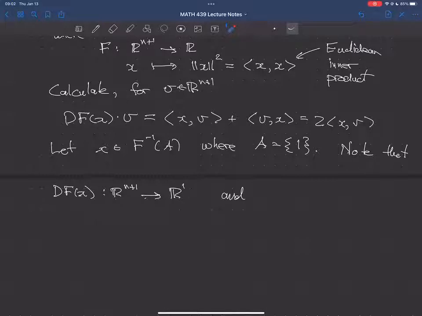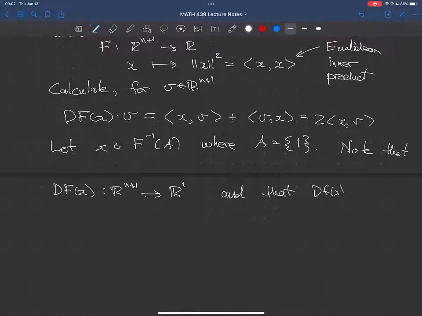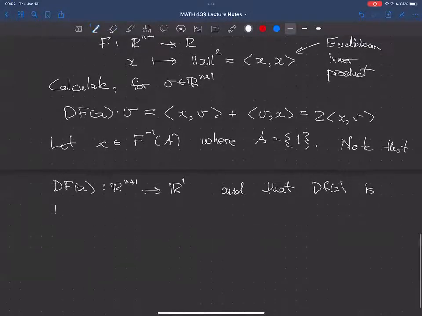So to verify that this thing is onto, all I need to show is that it's not zero. So it's thus onto if and only if, sorry, I'm writing a little f instead of big F, sorry.